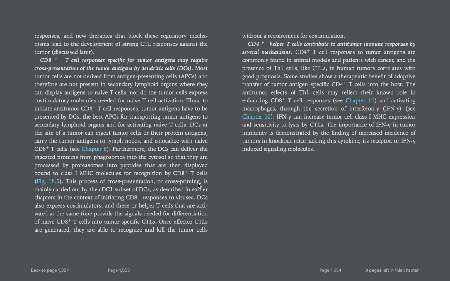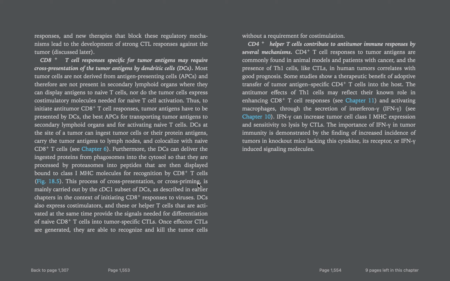Thus, to initiate an anti-tumor CD8 T cell response, tumor antigens have to be presented by dendritic cells, the best antigen-presenting cells for transporting tumor antigens to secondary lymphoid organs and for activating naive T cells.